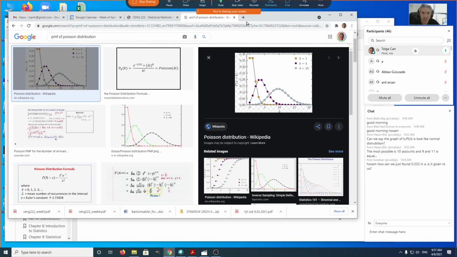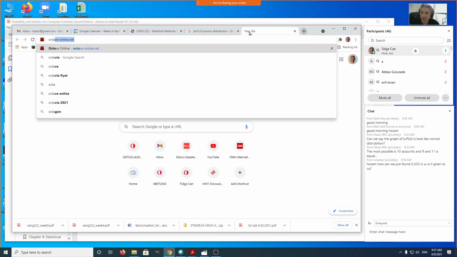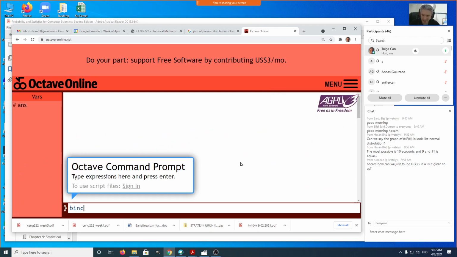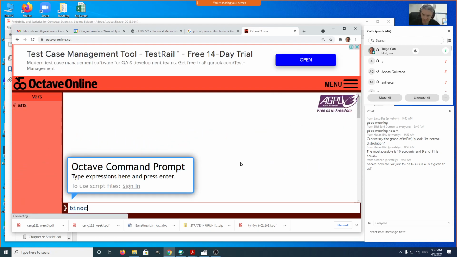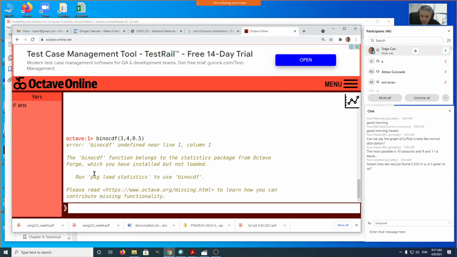For example, let's go to Octave Online. It was binocdf, right? binocdf for binomial. I just want to figure out which package I need to load. Yeah, this one, pkg load statistics. I need to type this one all the time.